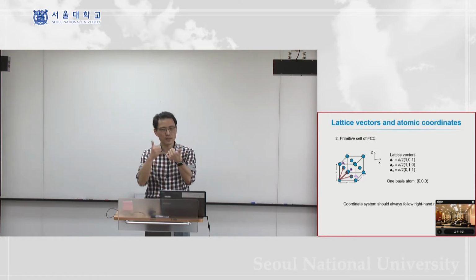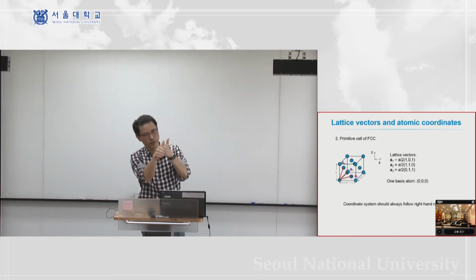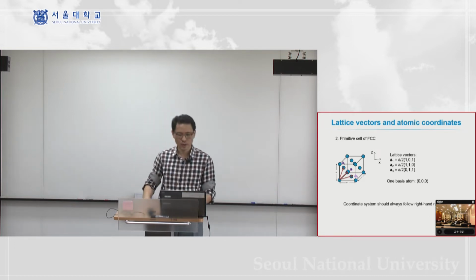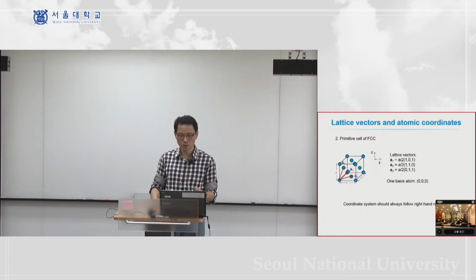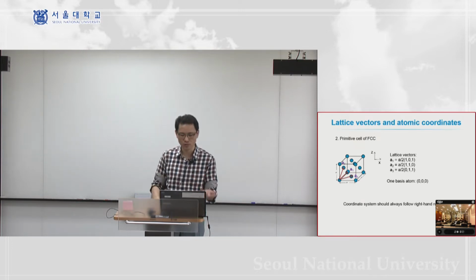So if you apply the cross product, or the right-hand rule, to the first and second lattice vectors, the third vector should be aligned with the direction of your thumb. That is what we mean by the right-hand rule. The usual x, y, z coordinate is, of course, right-handed: if you go x-axis, y-axis, and z-axis one by one, it follows the right-hand rule.